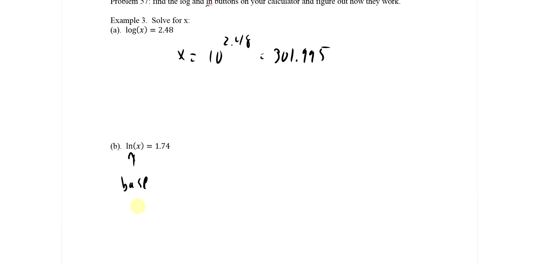Again, this is base e, so x is e raised to that power, e to the 1.74. If you put that into your calculator, you should get 5.6773, if I can read my handwriting correctly.